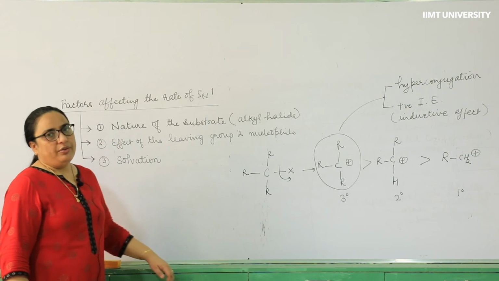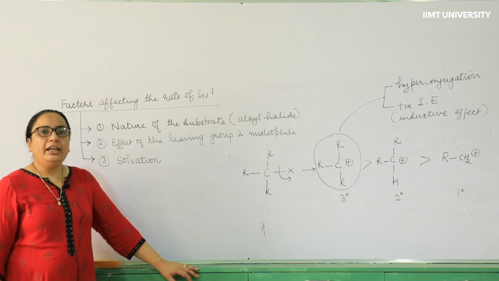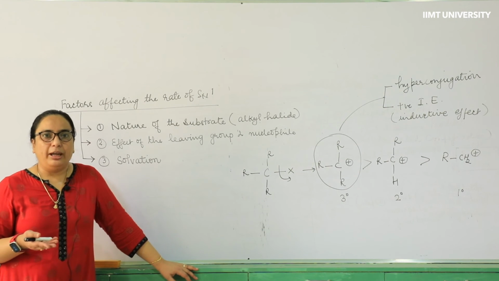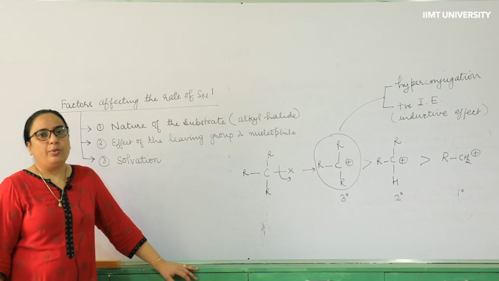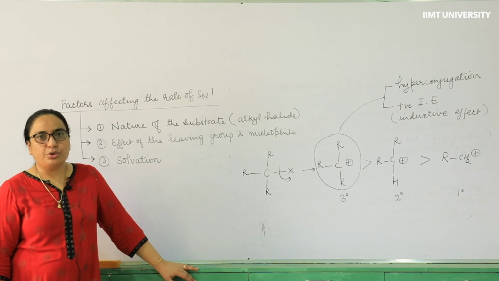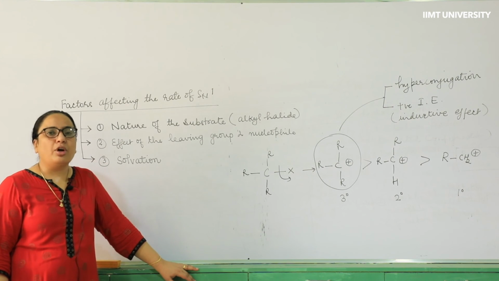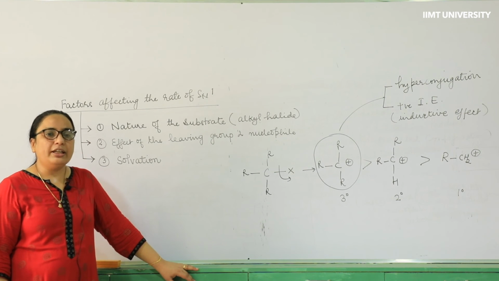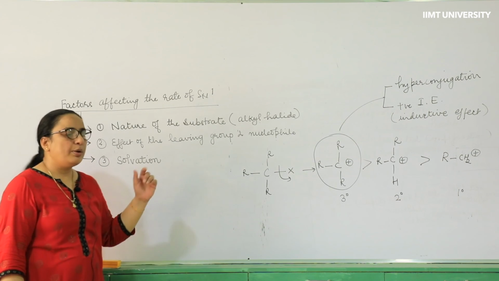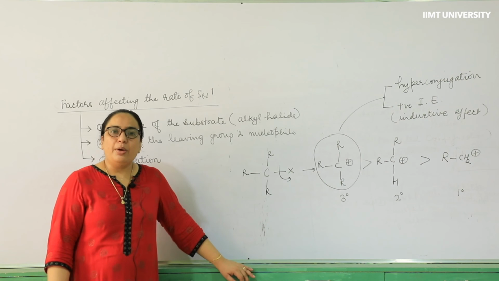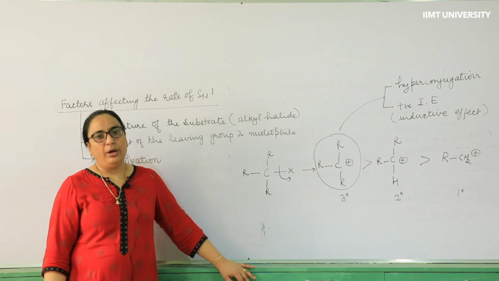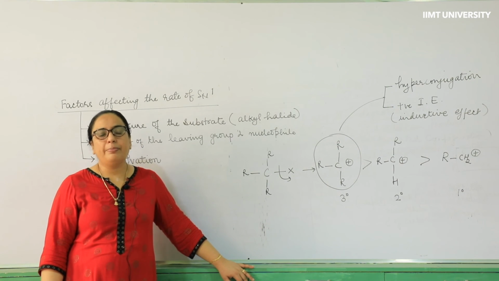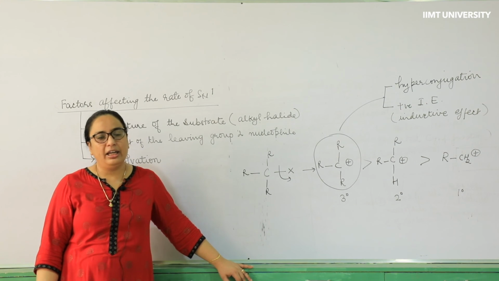Then comes the solvation. What is solvation? For any reaction to take place, a medium is required. That medium is provided by the solvent. And obviously, the solvent affects the rate of reaction. Now, let us study the effect of solvation on this SN1 reaction. The SN1 reaction involves ionization. That is, in the very first step, there is the formation of the cation and the anion.